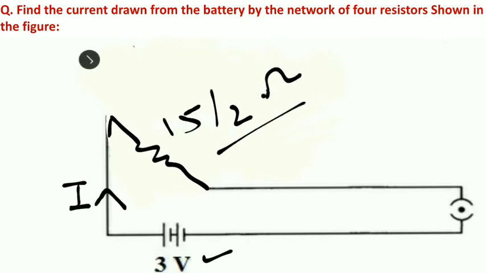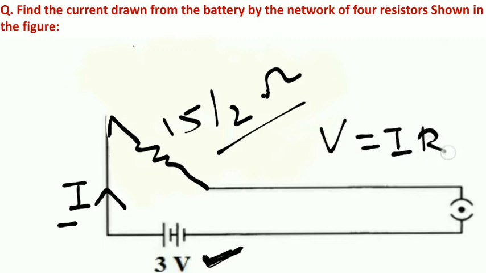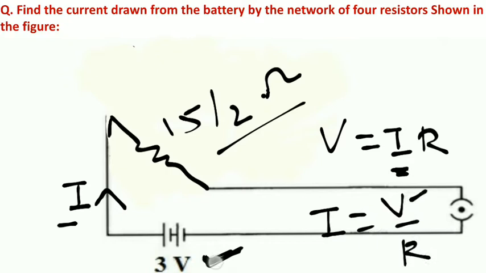Now we have the value of the resistance, which is 15 by 2 ohm, and the value of potential, which is 3 volt, and the current we need to find out. With the help of V equals IR, we can calculate this I. From here the value of I will be I equals V upon R. We put the value of V, which is 3 volt, and the value of R, which is 15 upon 2 ohm. So let's calculate.